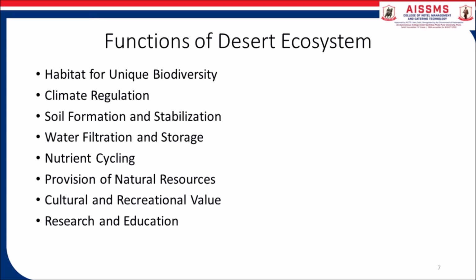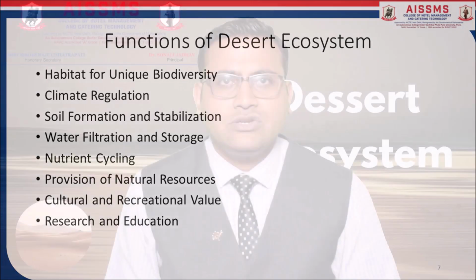First, habitat for unique biodiversity, climate regulation, soil formation and stabilization, water filtration and storage, nutrient cycling, provision of natural resources, cultural and recreational value, research and education. Let us understand these functions in detail.